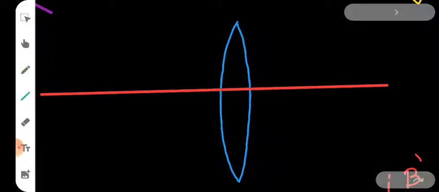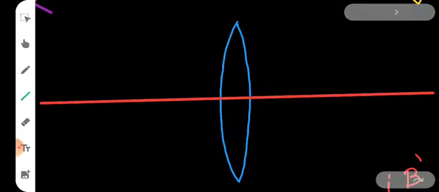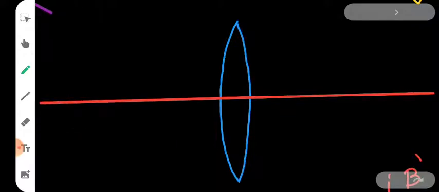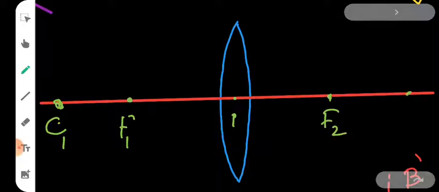Let me make a large aperture lens because I'm going to keep the object very close to the lens. So here is your principal axis. Let me make a very tiny image. First of all, let me mark the centers of curvature: here is your C1, here is your F1, and here is your P, and here is your F2, and here is your C2.